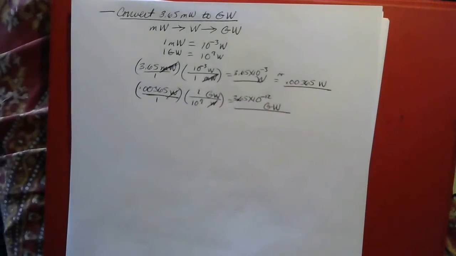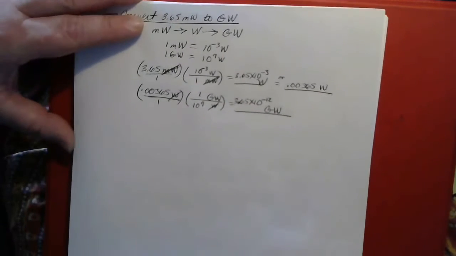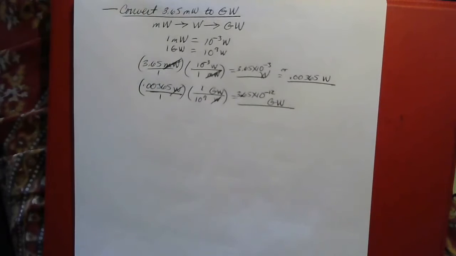Okay, this is one case where it would not be reasonable to write that as a decimal number, because you'd have basically 11 zeros before the 3, and I don't want to sit there counting them. So a number of that magnitude should definitely be in scientific notation. 3.65 times 10 to the minus 12.